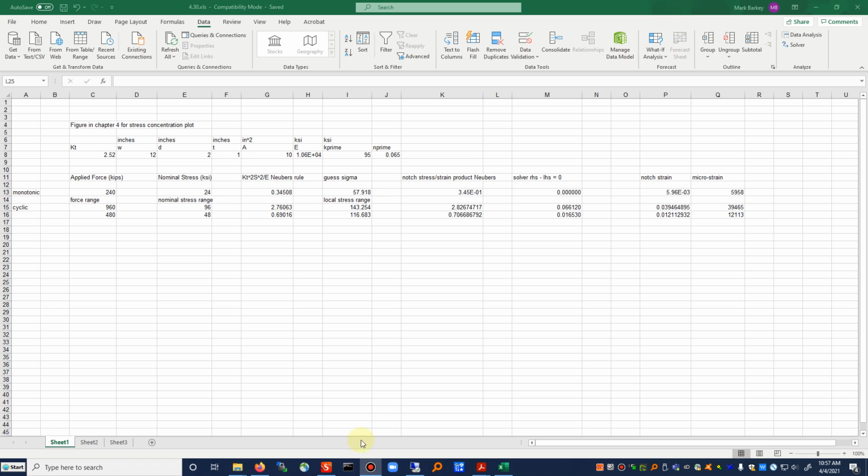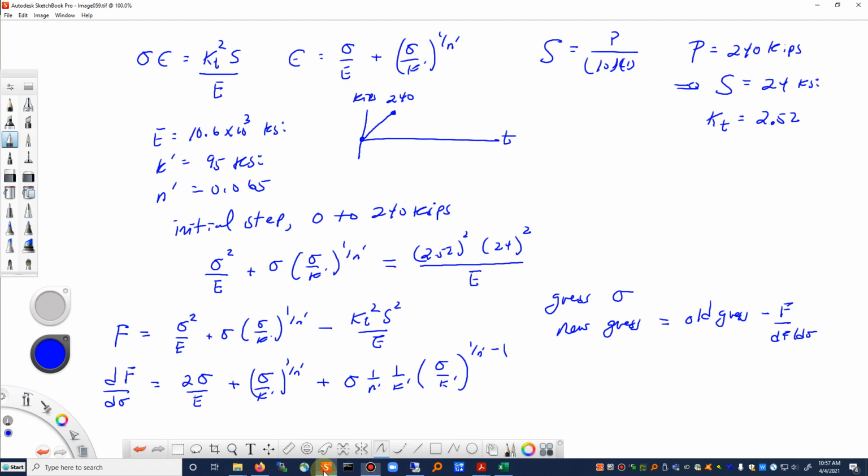So let me go back to our sketch pad here. And let me add another window. And what we want to do is we want to plot the stress strain response at the notch root.